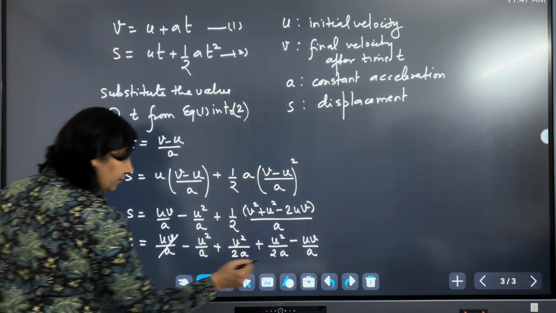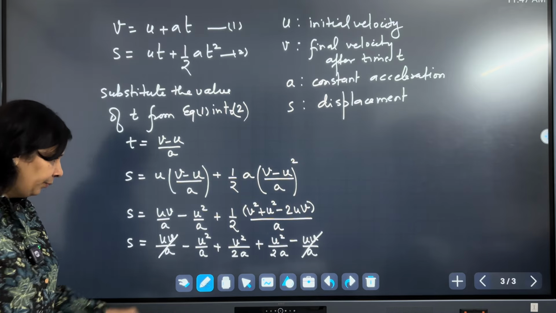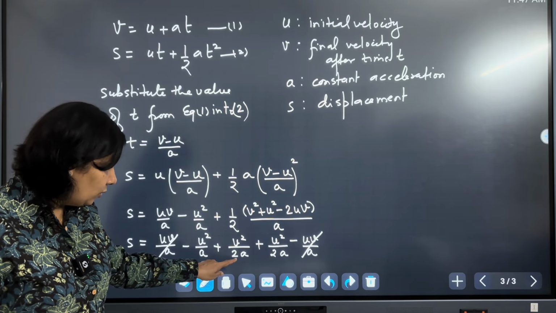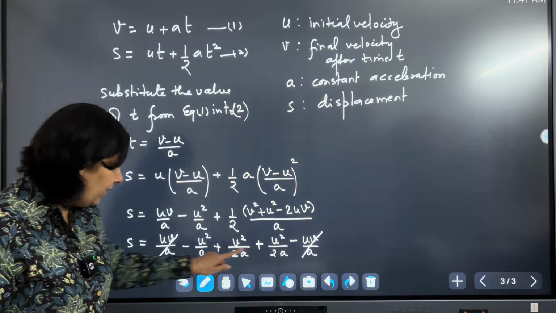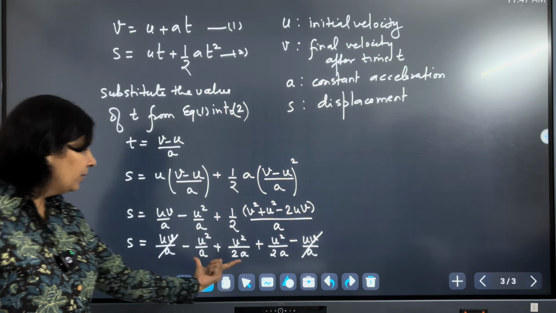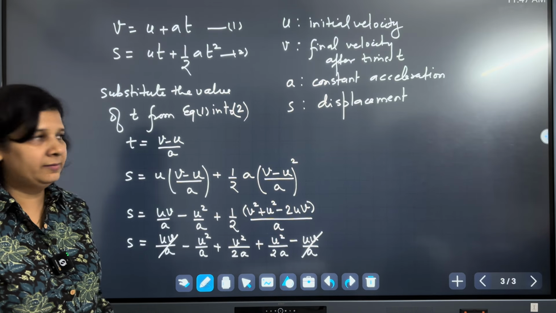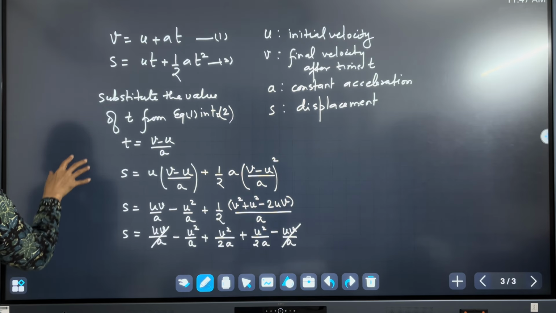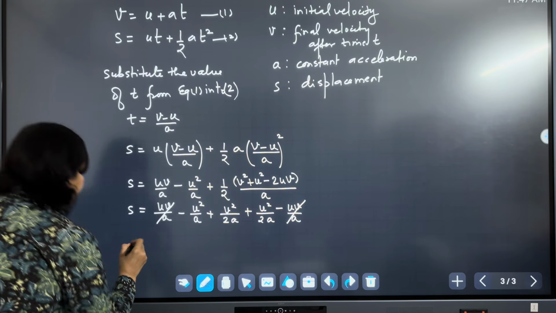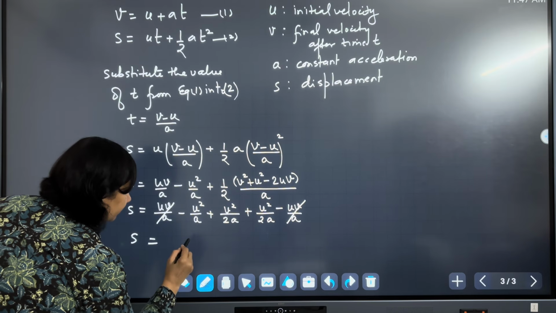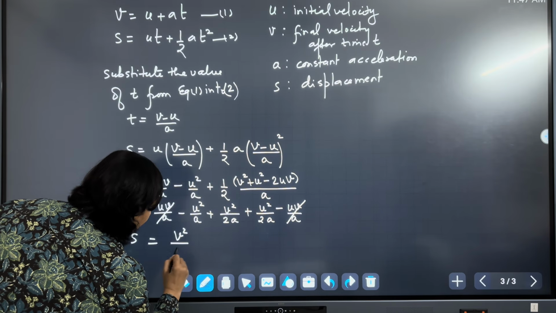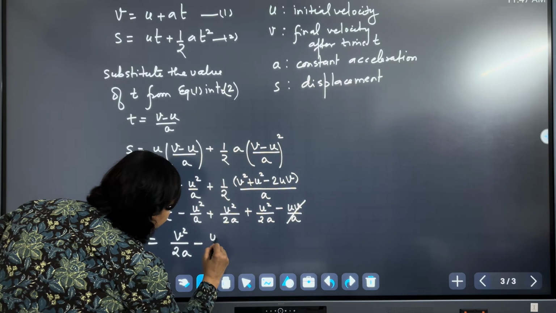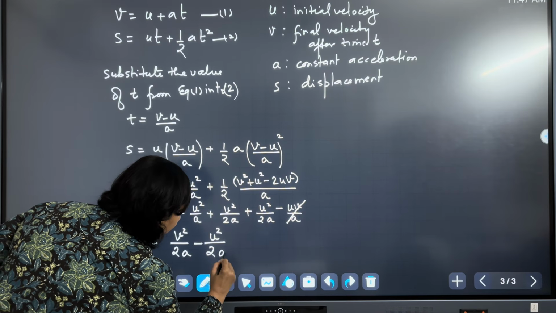From here these two terms will cancel. v square over 2a, u square over 2a and minus u square over a, these two terms will combine. So what will I get? s is equal to v square over 2a minus u square over 2a.